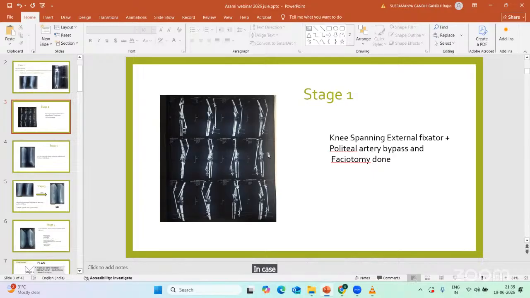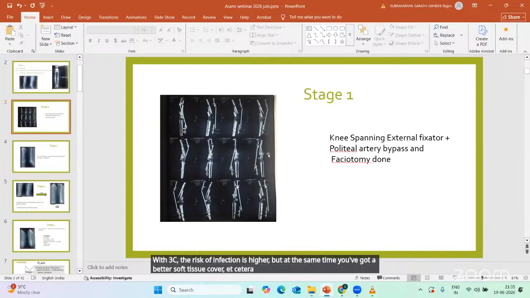In the case of the femur, I'm talking about the distal femur, I think it is better. So yes, with 3C the risk of infection is higher, but at the same time, you've got better soft tissue cover. So a 3C in the femur, I think, would be a little different from a 3C in the tibia.